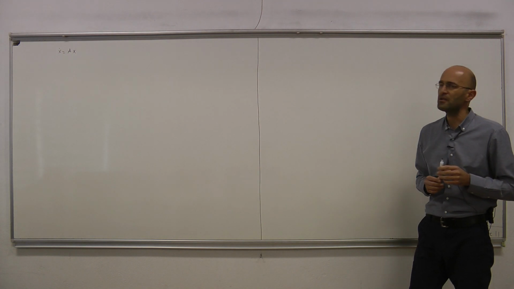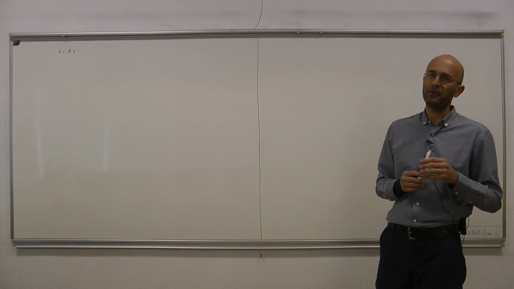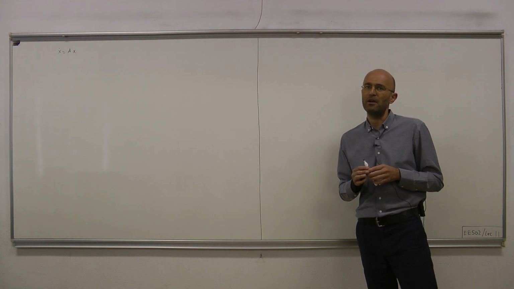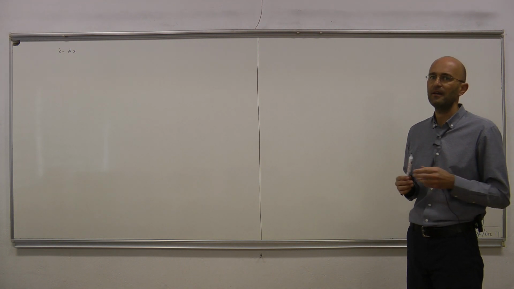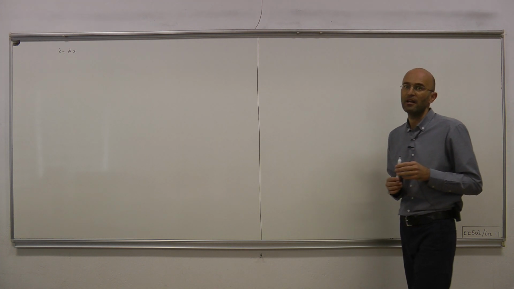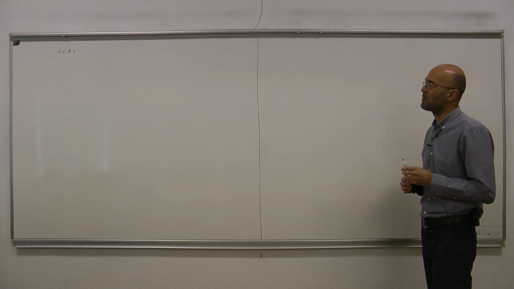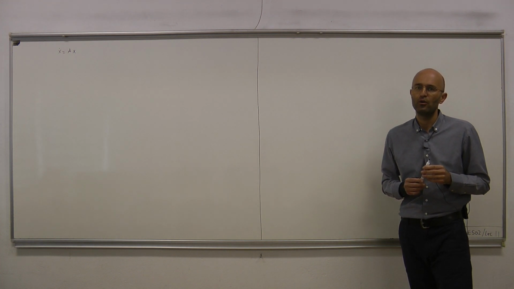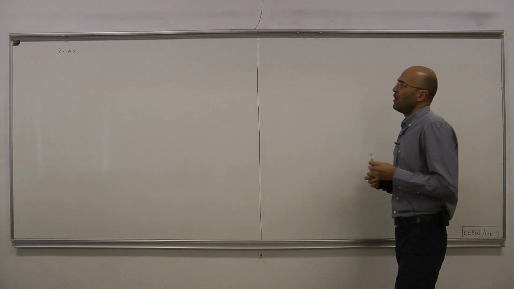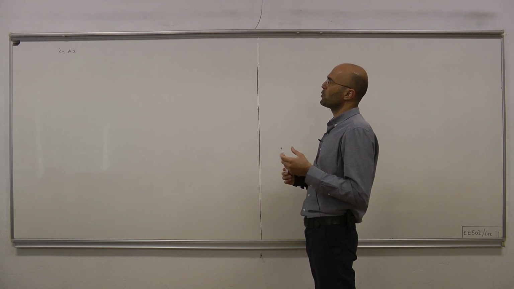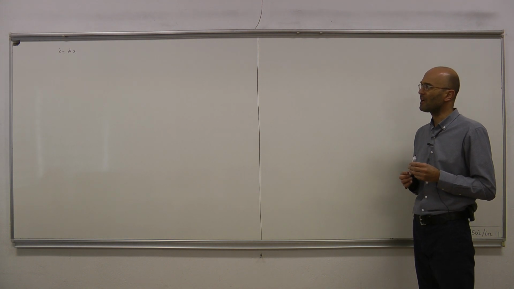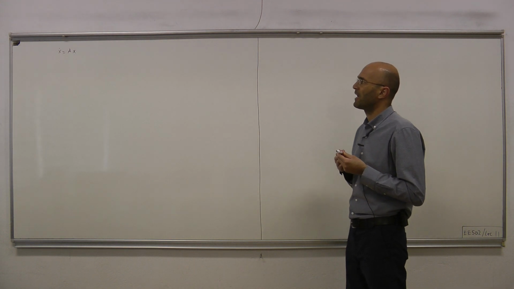We reached our conclusions based on the previous analysis that we performed on the behavior of the state transition matrix e to the At, and the relation between that behavior and the eigenvalues of the A matrix. That analysis we were able to perform using the Jordan form of A. Now in this hour we will also talk about other measures of determining stability without looking at the eigenvalues of the A matrix.